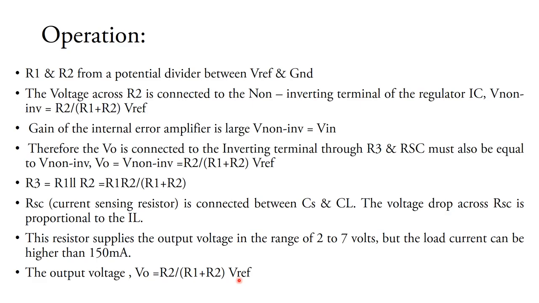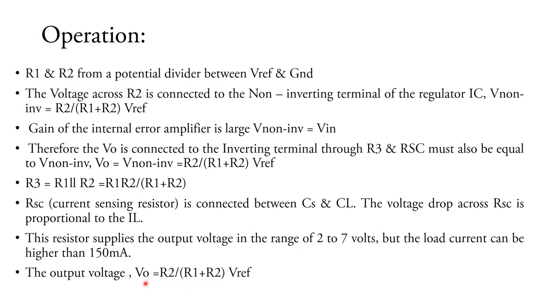By fixing the external resistor values R1, R2, we can design any desired output voltage. But the output voltage will be in the range of only 2 to 7 volt, so it is called a low voltage regulator. If you want to design for 5 volt, we can choose the values of R1, R2 so that we get V0 as 5 volt. We can fix R1 equal to 10 kilo ohms, and R2 can be designed.